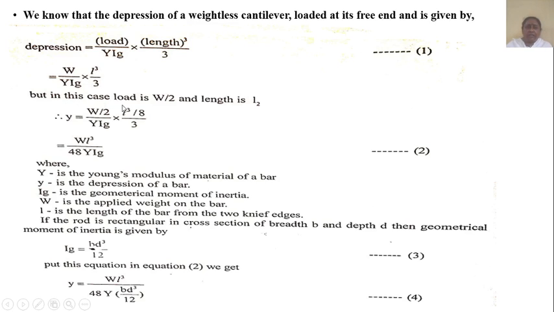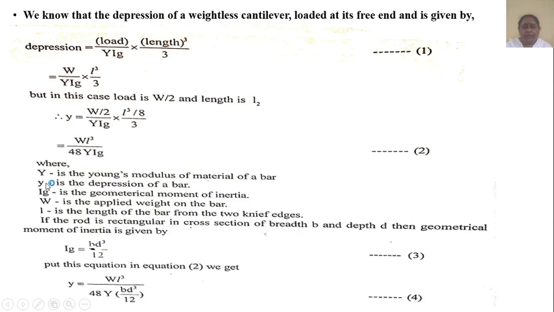But in this case load is W by 2 and length is L by 2. Therefore y equals W by 2 upon Y into Ig into L cube upon 8 upon 3.